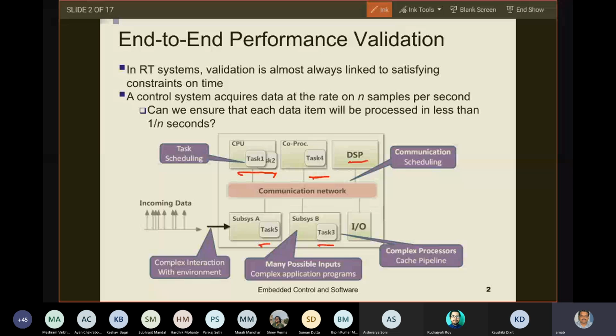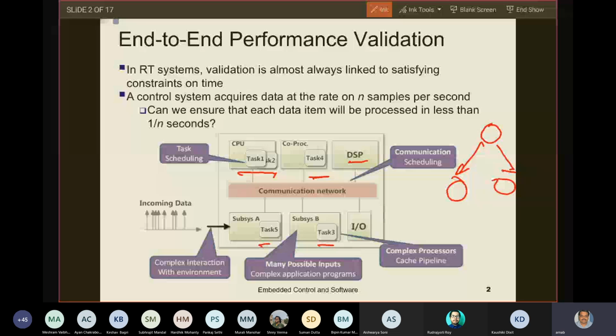The tasks also require to communicate among each other. As we said, I have a task graph, and the tasks in it communicate with other tasks, and for these edges I am transferring data.